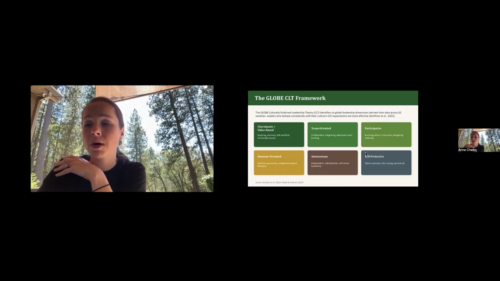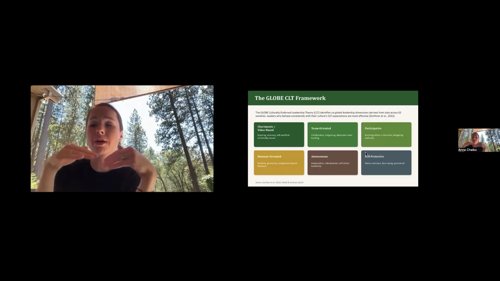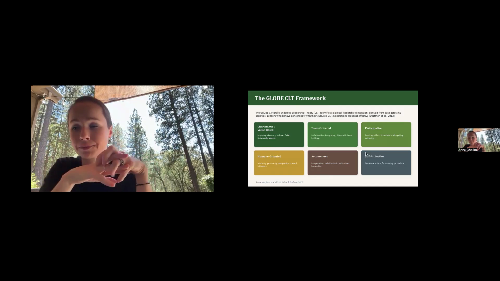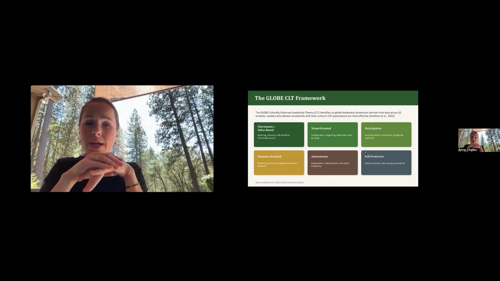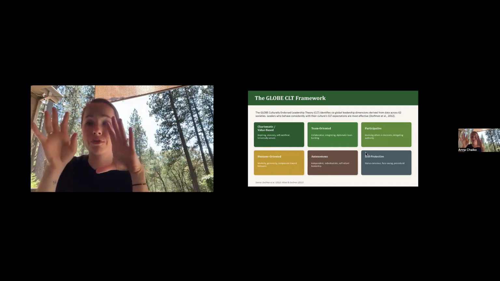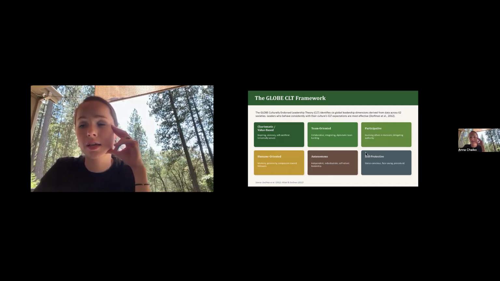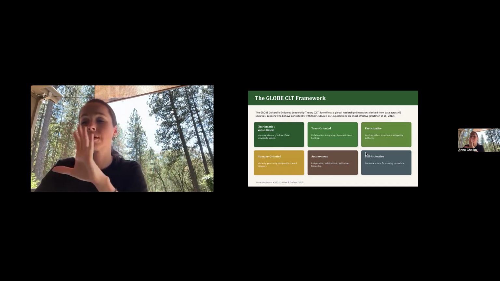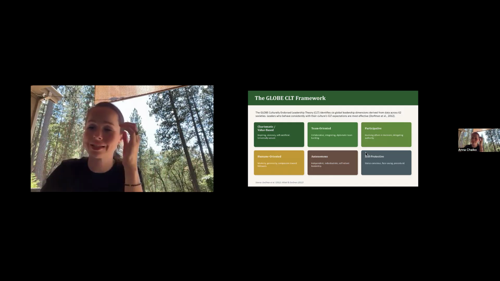So the Globe CLT framework. Before comparing the US and Kenya, we're going to briefly orient ourselves to the framework so we have the right mindset. The Globe's cultural endorsed leadership theory organizes leadership expectations into 6 global dimensions.